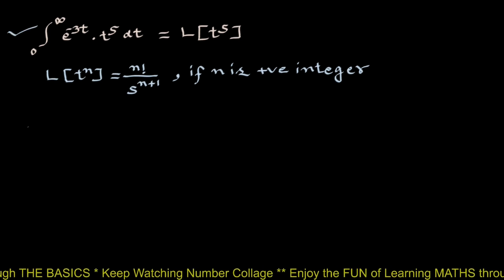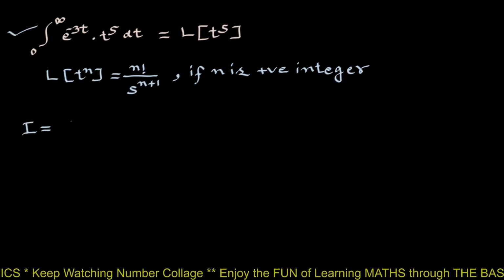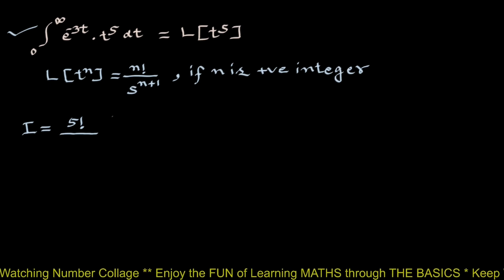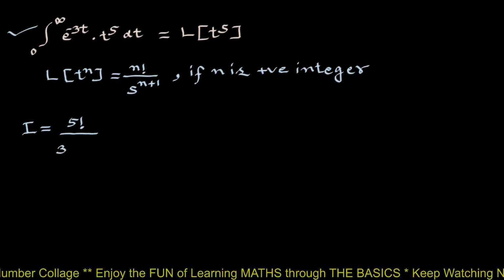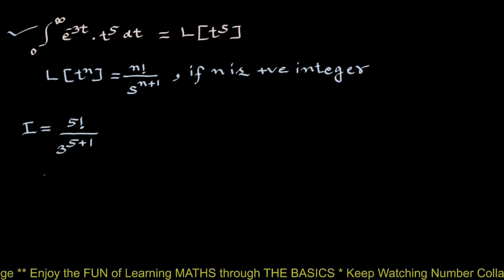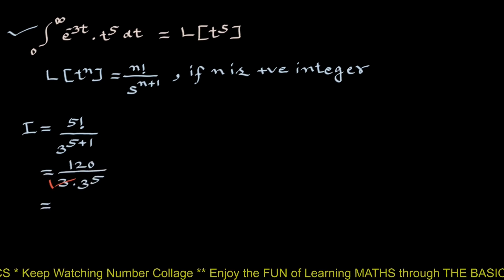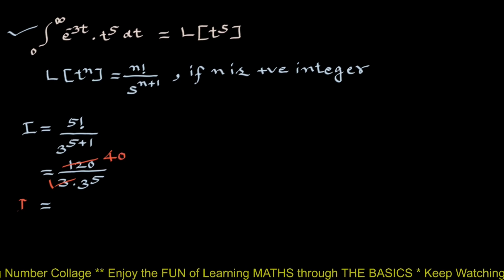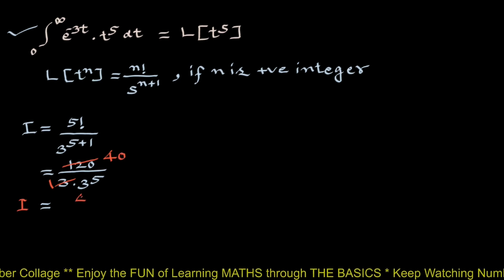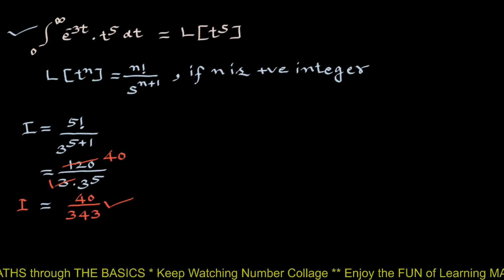Therefore, this integral I becomes 5 factorial upon s, which is 3 here, raised to 5 plus 1, 120 upon 3 into 3 raised to 5. Three 1s are 3, three 4s are 12, so this integral is 40 upon 243.